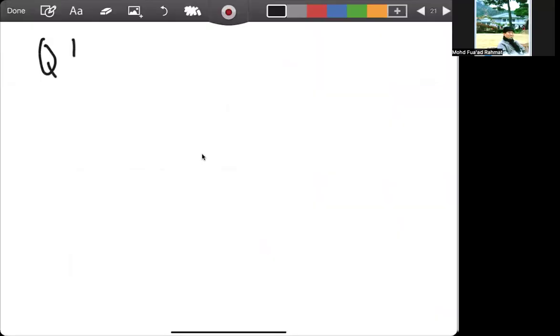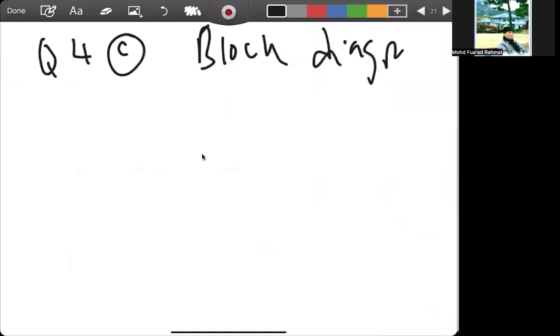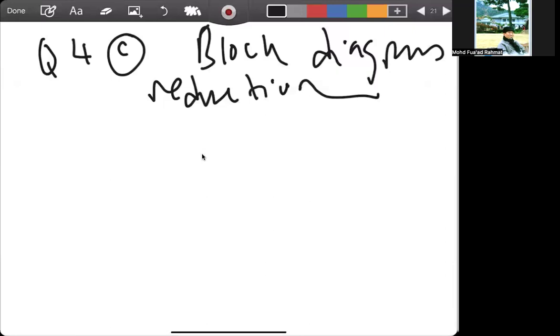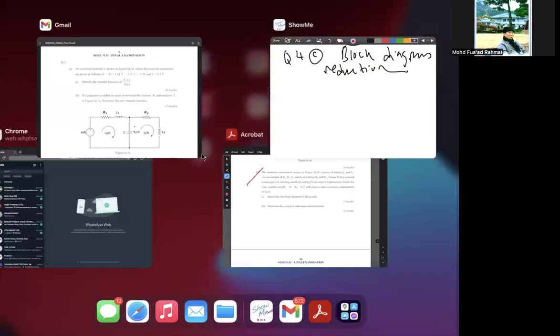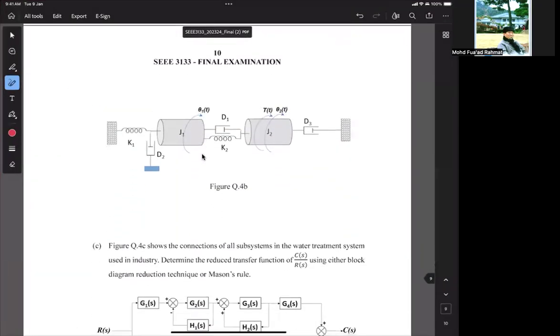Then the last one is question 4C, the block diagram reduction. Looks straightforward. We look at the question, this one.